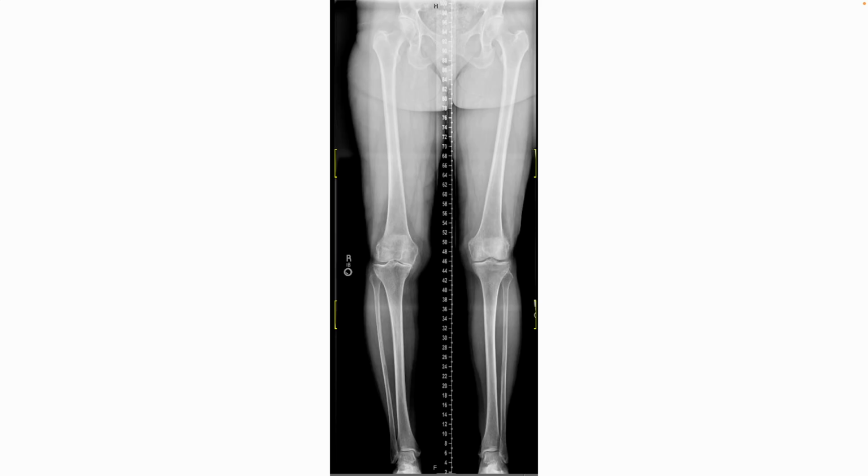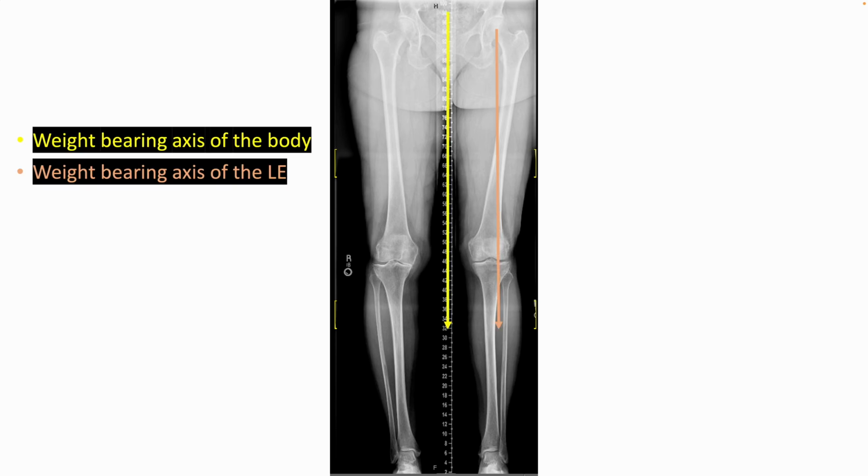In order to describe the position of a total knee replacement, it is important to define a reference frame. And to that end, a few axes of the lower extremity have been described. One such axis is the weight-bearing axis of the body, that is a plumb line from the front of S2, which is the center of gravity of the body.